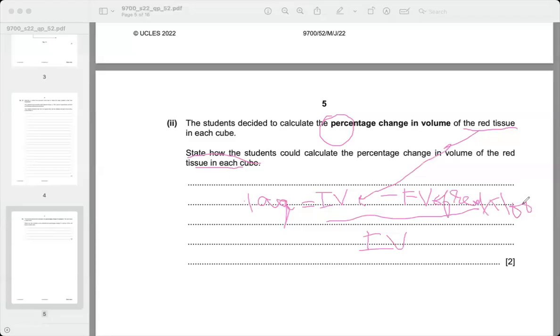So this question is for 2 marks. Why is this for 2 marks? Because the first part, that is this part, gets you 1 mark. Giving the multiply by 100 gets you the other mark.